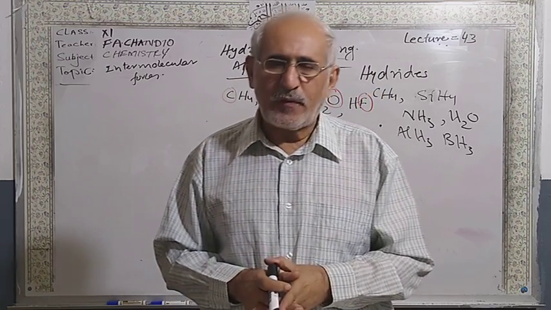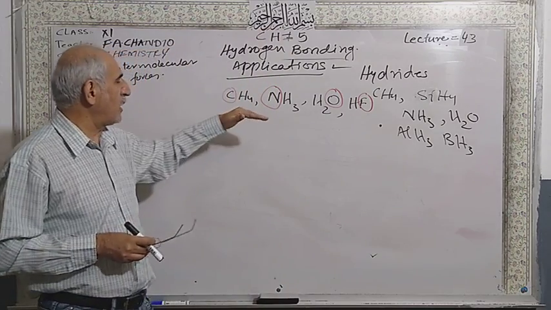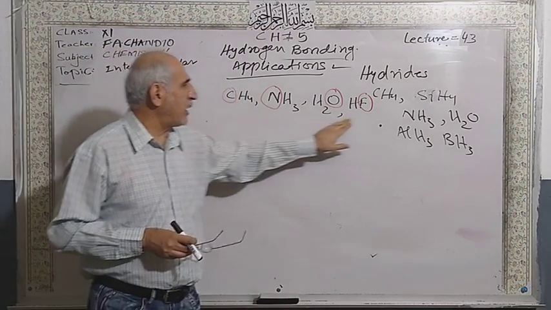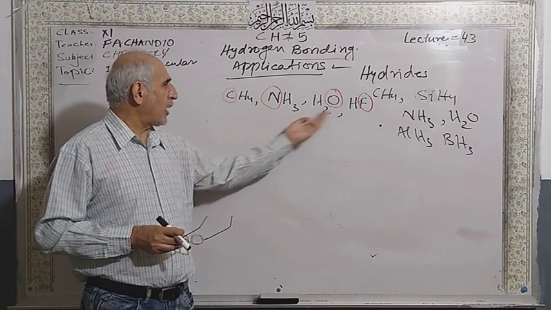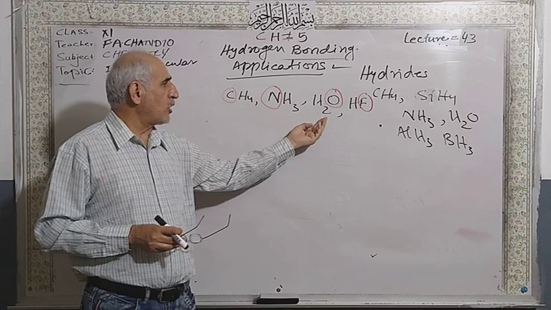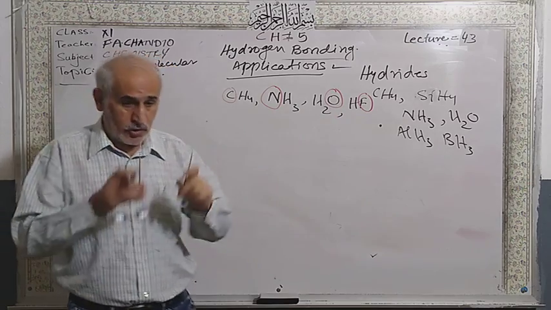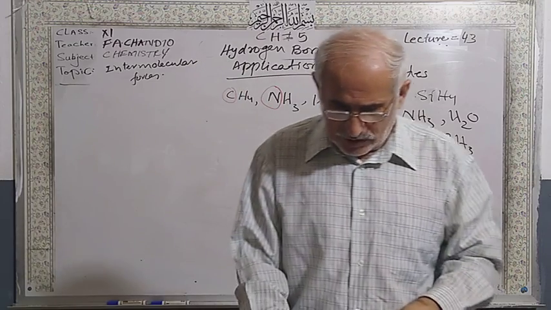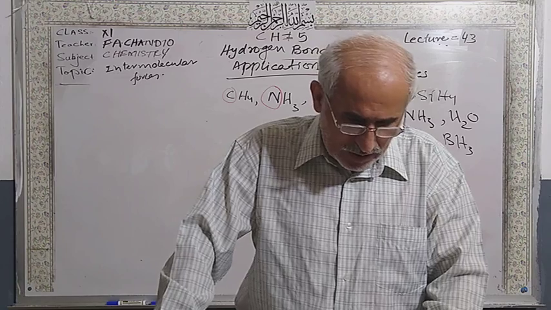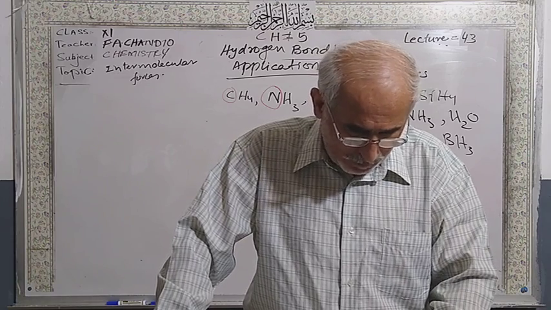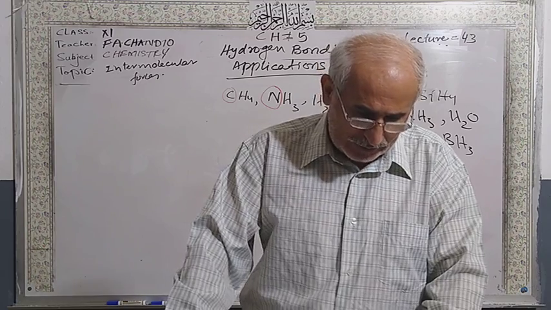The boiling point of the hydrides of group 4 increases down the group, and if you go across the period from carbon to hydrogen fluoride, water is going to be very high, but there is a difference between water and hydrogen fluoride. Please go through this one; I already told you this is written in your book also. Now there is another application, solubility.